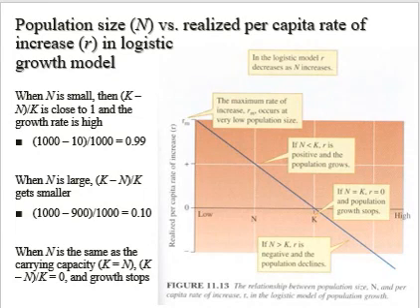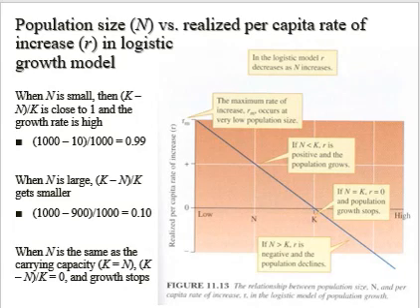the logistic growth model, the realized per capita rate of increase, which is essentially r equals r max times (1 minus N over K), which is equal to r max minus r max times N over K, depends upon population size. As I said before, logistic growth is density dependent.